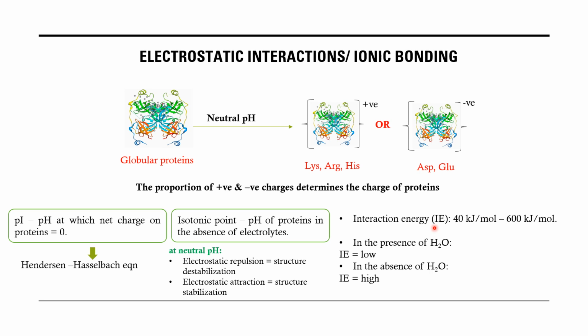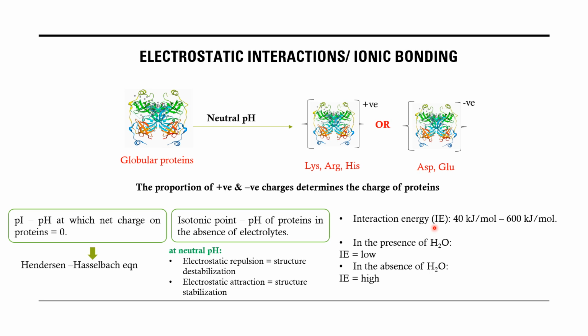At neutral pH, since proteins carry a net positive or negative charge, we can say that net repulsive interactions tend to destabilize the structure of the protein. Whereas if you have net attractive interactions, it can promote the structure.